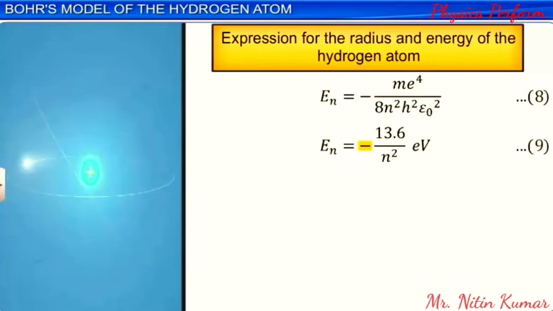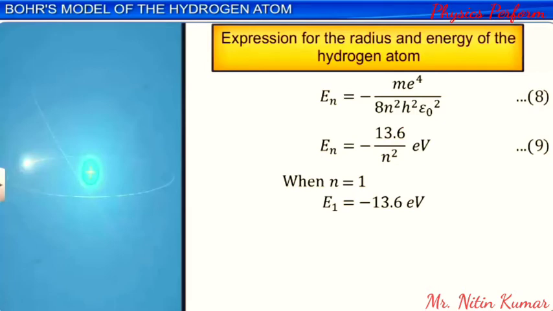The negative sign of the total energy of an electron moving in an orbit means that the electron is bound with the nucleus. Substituting n equal to 1 in equation 9, we get the energy of the first orbit, E1, is equal to minus 13.6 electron volts. This is the lowest energy state of the atom and is called the ground state.